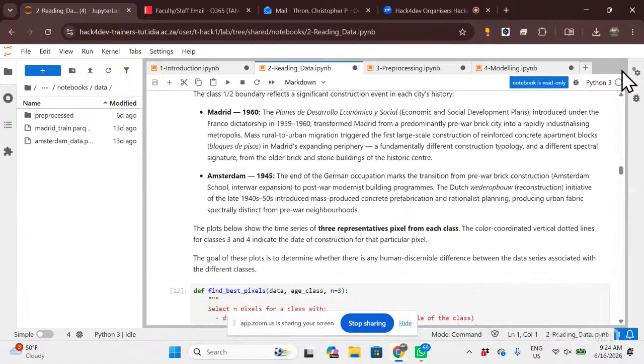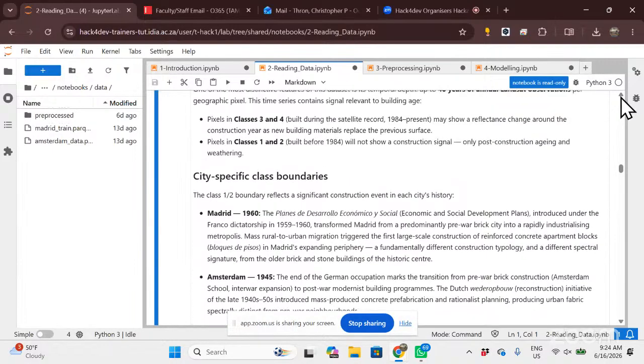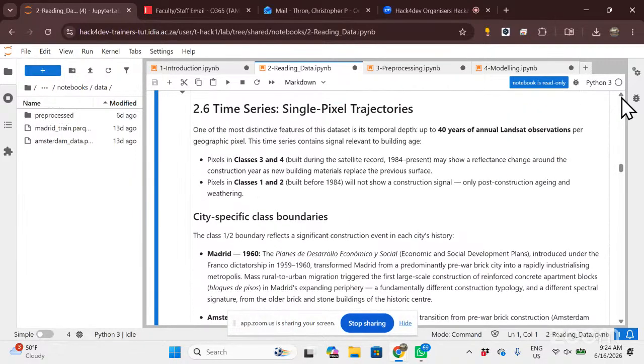Now, you remember what we're trying to do. We're trying to trace one pixel over time and discover from the changes in that pixel value which class it belongs to. So each year that pixel is going to have a different value for its reflectances, and we want to look at those reflectances and discover what class that pixel belongs to.